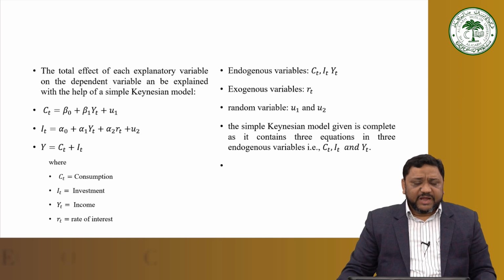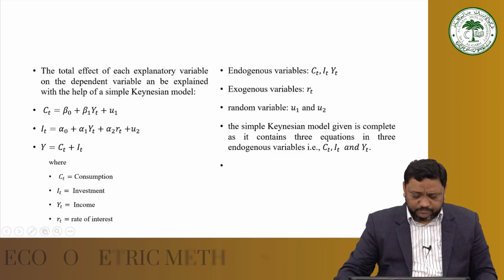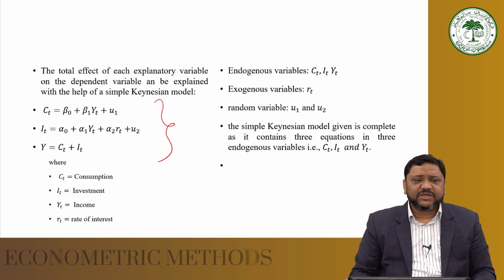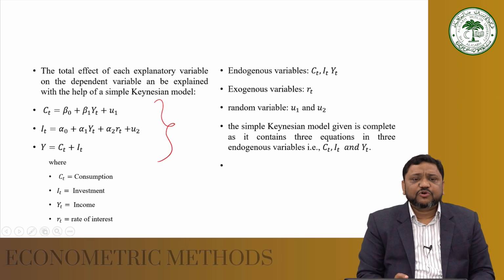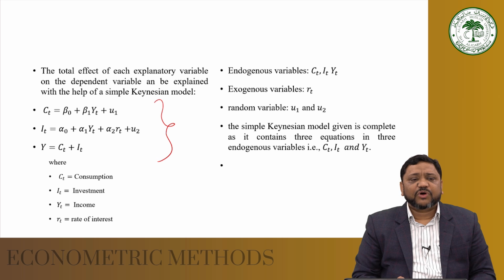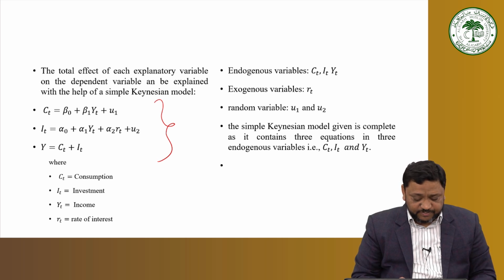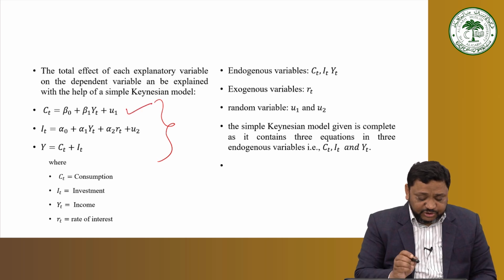Let's take an example: our basic Keynesian model. Ct is equal to beta naught plus beta 1 yt plus ut, and the investment function, it, is equal to alpha naught plus alpha 1 yt plus alpha 2 rt plus vt, and yt is equal to Ct plus it. This is basically the identity. So we have the consumption function, the investment function and the identity.